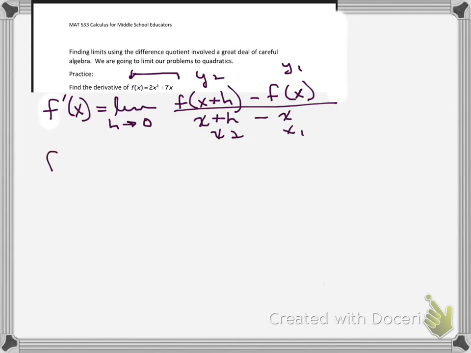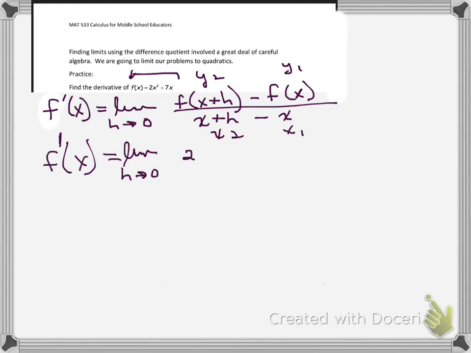So let's begin. f prime of x, and your notation is really important, even with a stylus. It's going to be the limit as h goes to 0, you've got to write this every time, and I'm going to put in my f of x function, but plug in x plus h wherever I have an x.